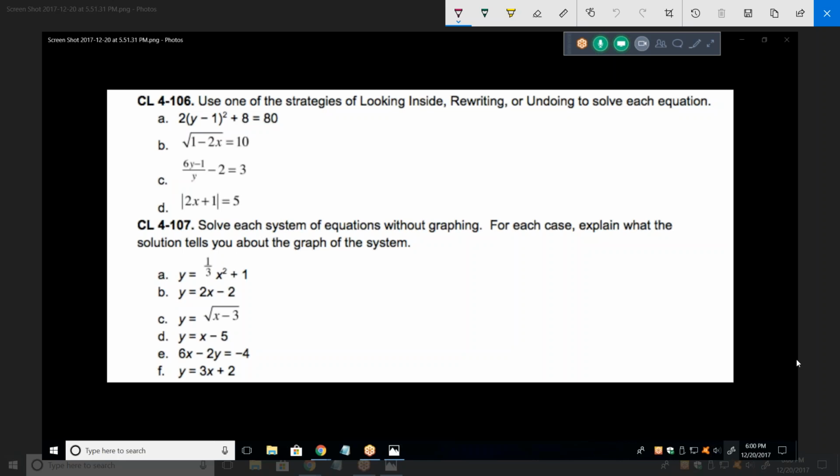Use one of the strategies of looking inside, rewriting, or undoing. Well, I don't know what any of those mean. I probably can figure it out though.